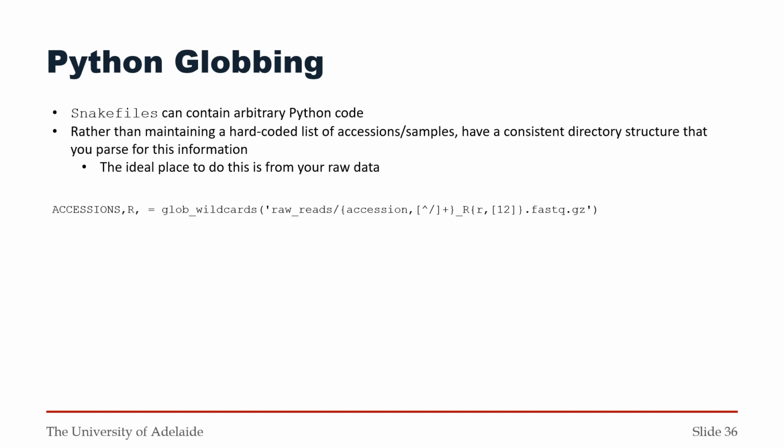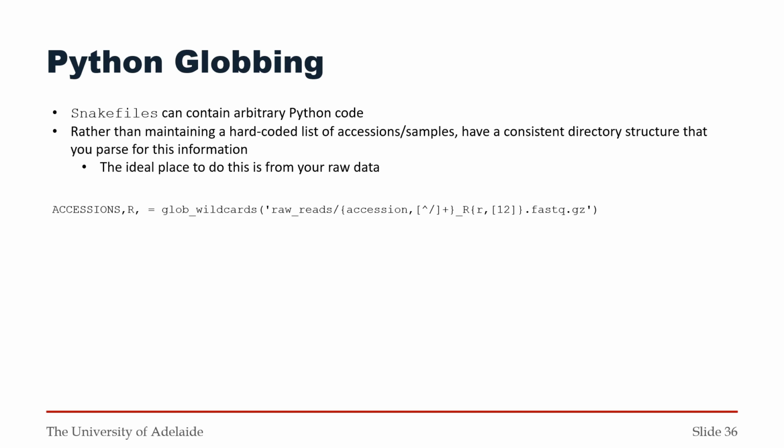This here is basically pulling out files that reside under this raw reads directory. The curly braces there are basically like a capturing mechanism for Snakemake to pull out that part of the information, in this case an accession, and there's a regular expression there which constrains how that pattern is matched.